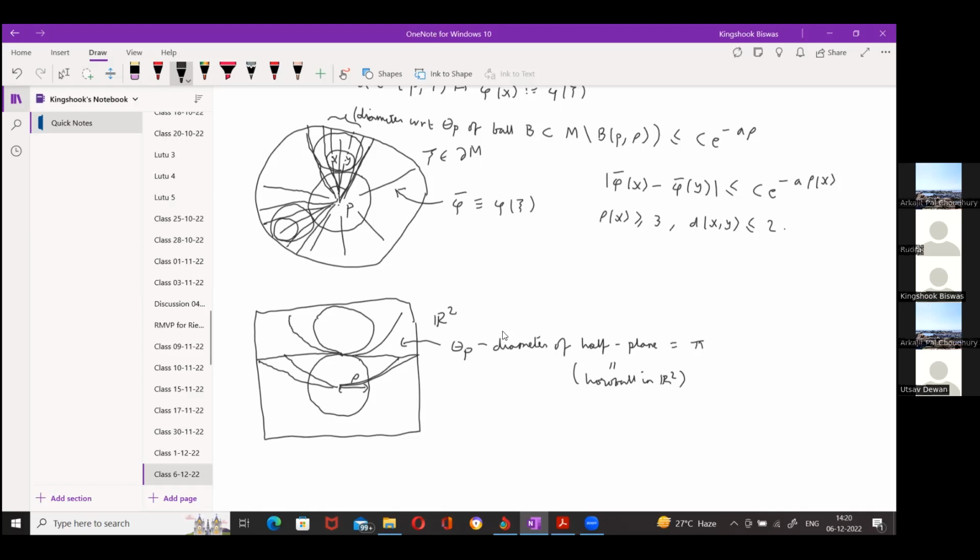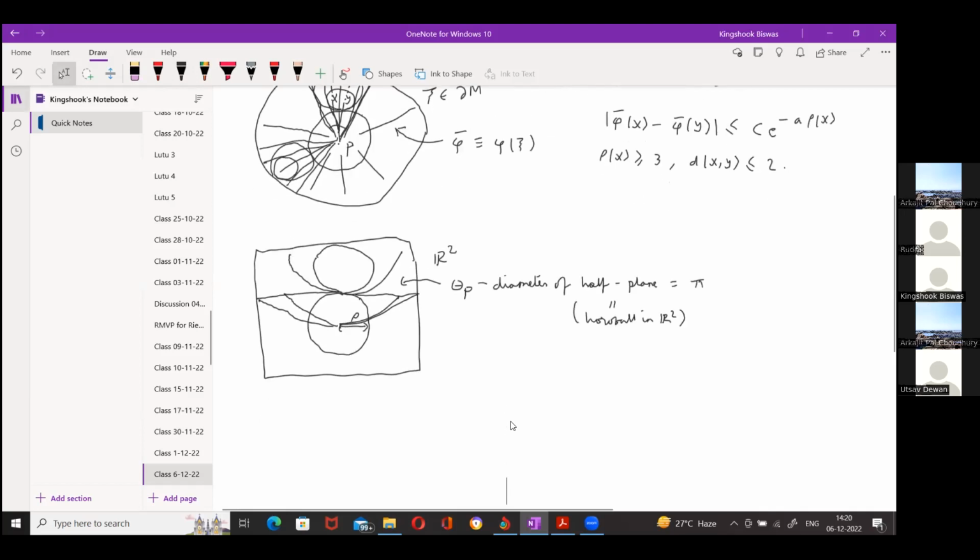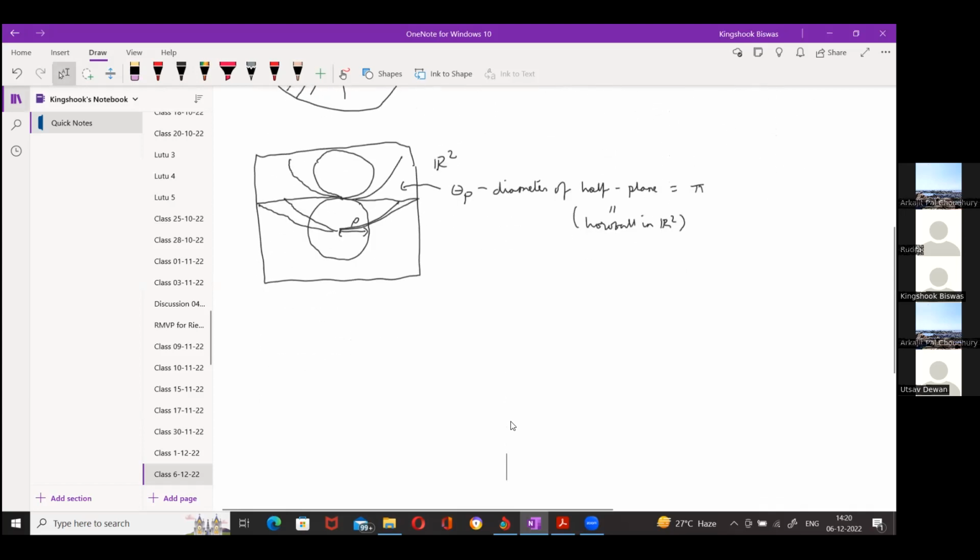Now what we want to do is smoothen out phi bar into a smooth function. If we were in Euclidean space, we would just do a convolution. Here also what Anderson and Schoen do in their manifold is in fact a sort of convolution. So how can we do convolution?